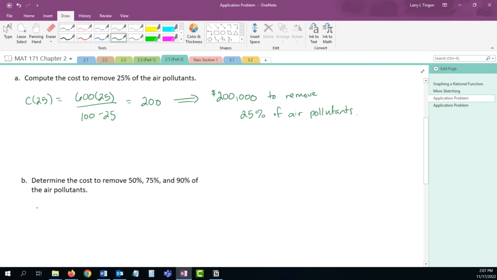So what's going to happen as the percent goes up? Well, because X is messing with the numerator and the denominator, this is not going to work in a linear fashion. So to get 50% of the pollutants out is going to cost me $600,000, right? The relationship is not linear.